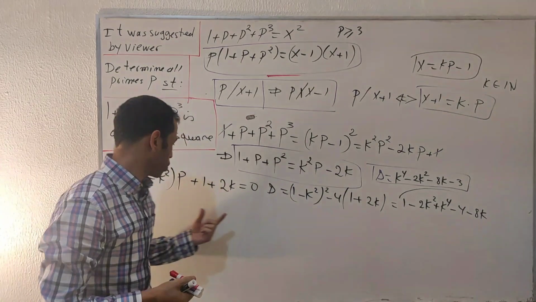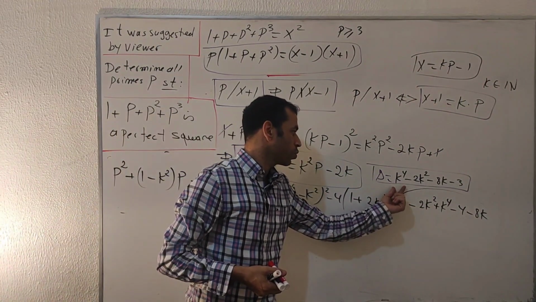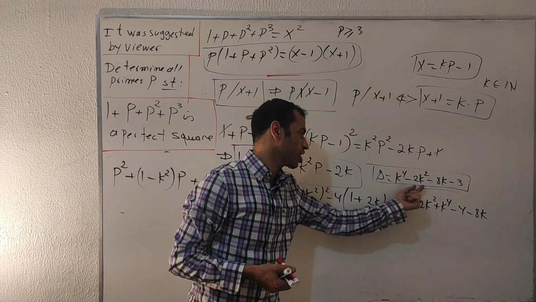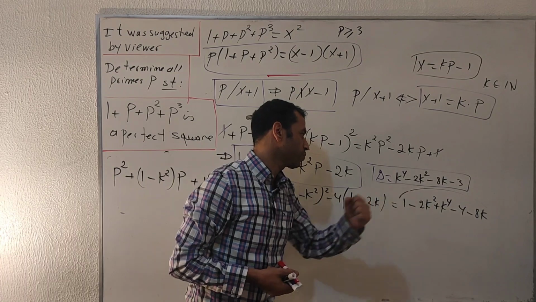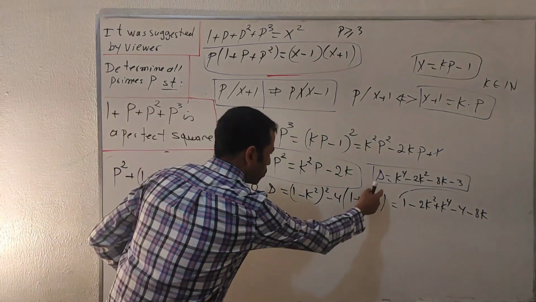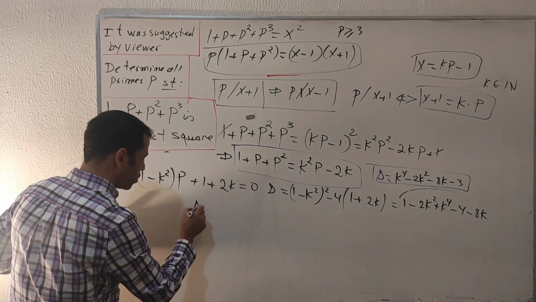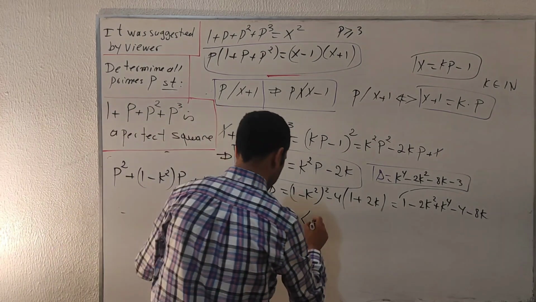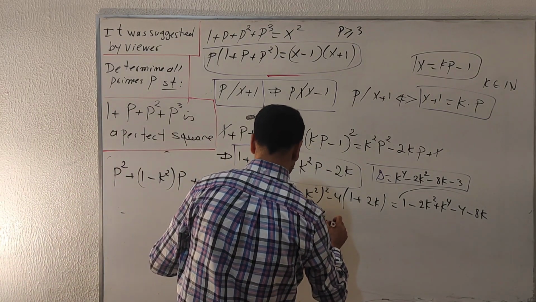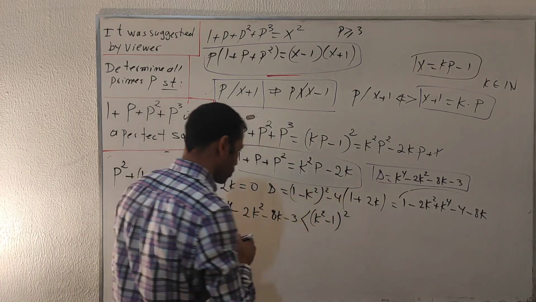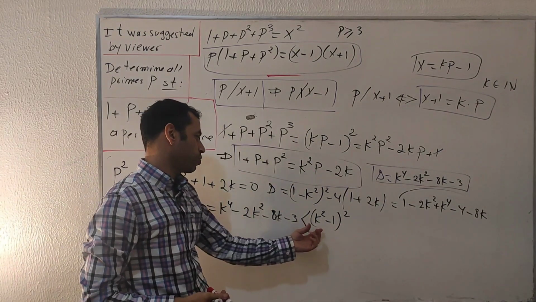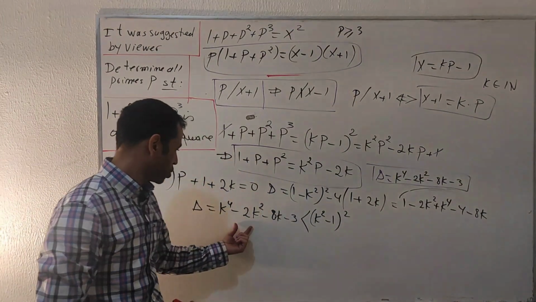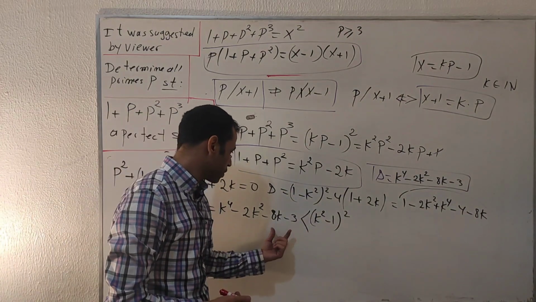In order to have a solution for this equation, we must have delta as a perfect square. So we need to check this and figure out which condition can make it a perfect square. I'm going to take this delta: delta equals q to the 4th minus 8k minus 3, which is strictly inferior to (q squared minus 1) quantity squared. If I distribute this, the first term is q to the 4th, the middle term is minus 2q squared, plus 1.